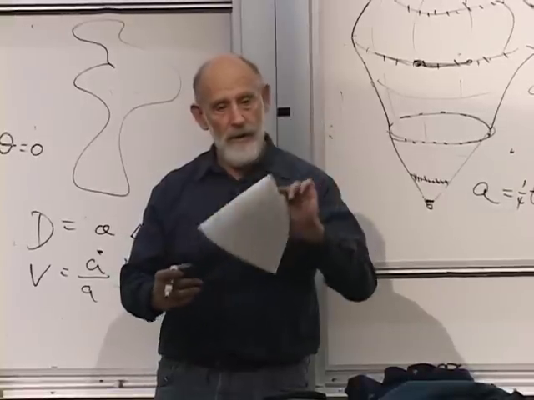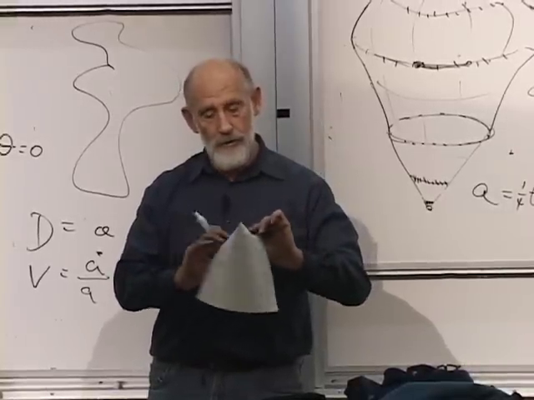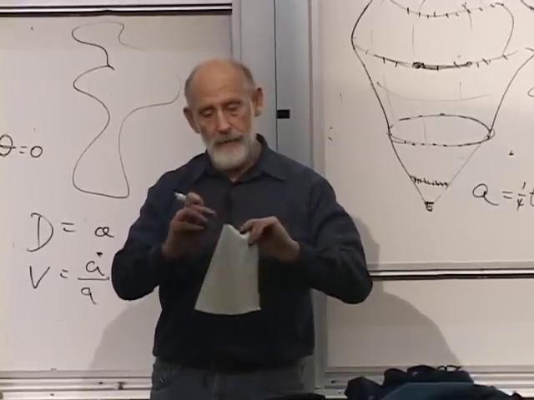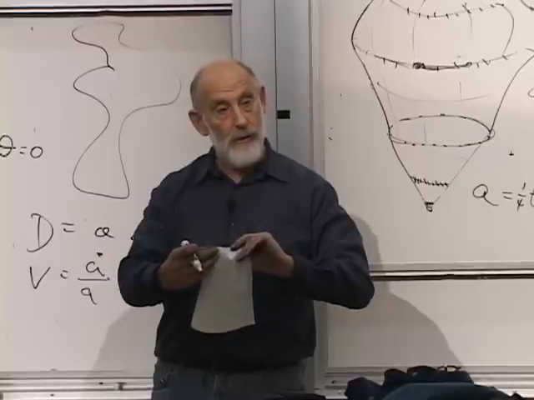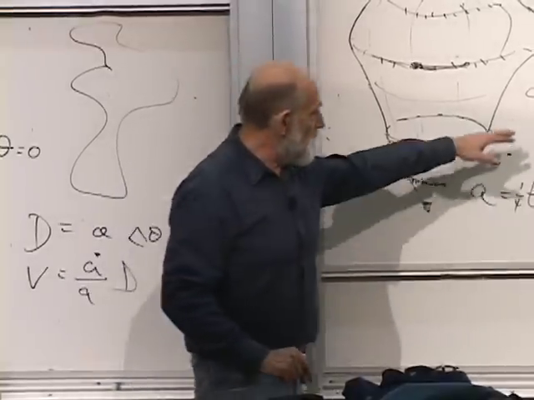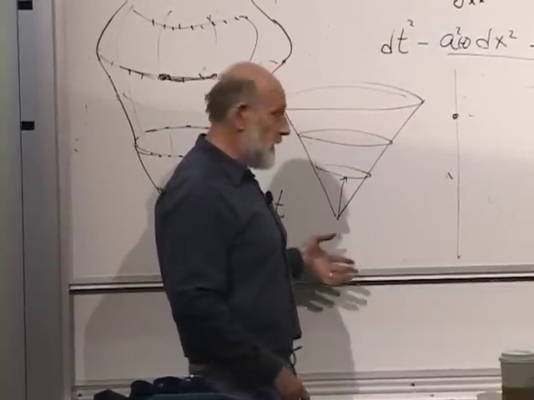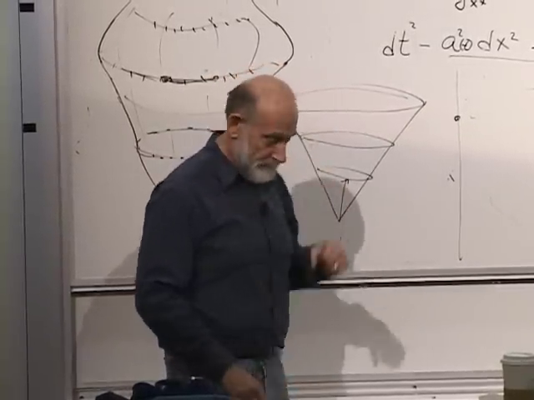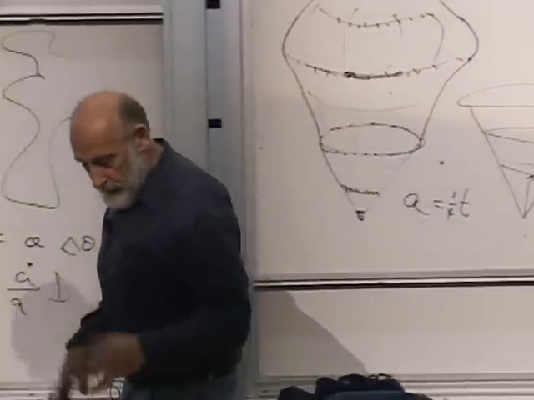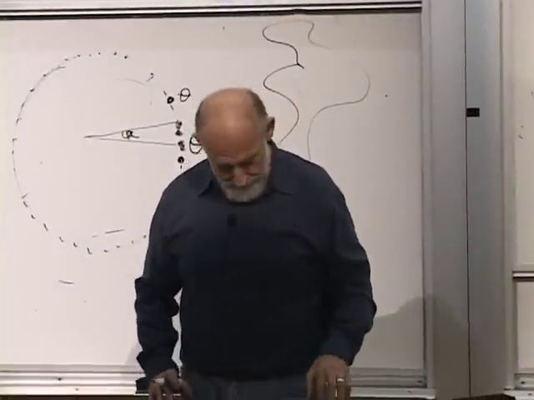The only place that the cone is curved is right at the tip of the cone here. That's the only place where there's any real curvature. So this is also flat except for the tip. The tip is the origin of time here, the Big Bang or whatever. We haven't gotten to the Big Bangs yet.